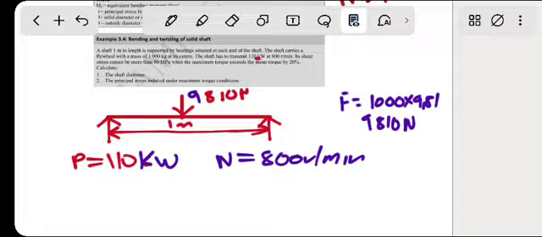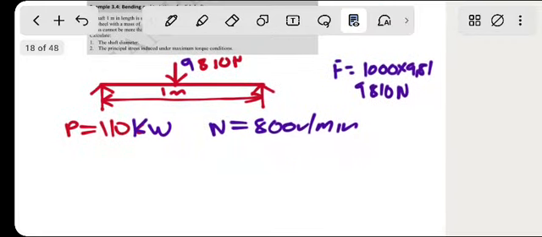They say its shear stress cannot be more than 80 megapascal when the maximum torque exceeds the mean torque by 20%. Calculate. Okay, let's check number 1.